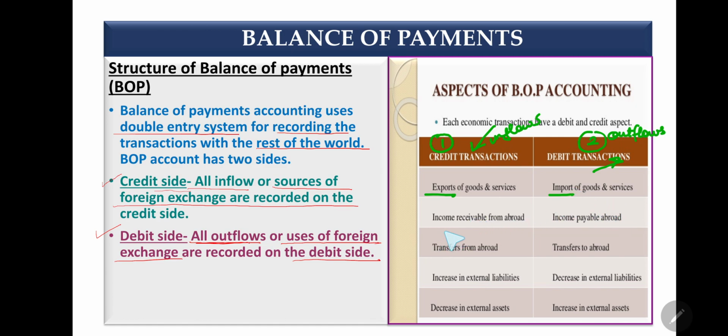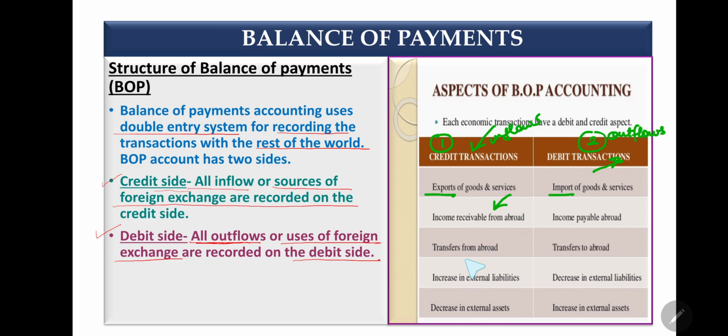The next example is income received from abroad. When you receive the income, it will be recorded in the credit side of transaction, and if you pay the same income abroad, something is getting out from our pocket, so it will be recorded in the debit side.